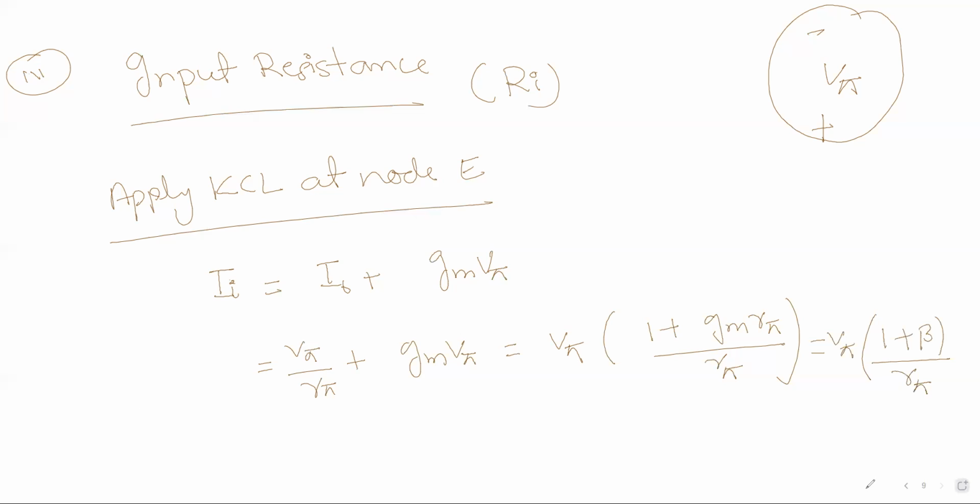So Ri dash is equal to V pi upon Ii, which would be equal to R pi upon 1 plus beta.